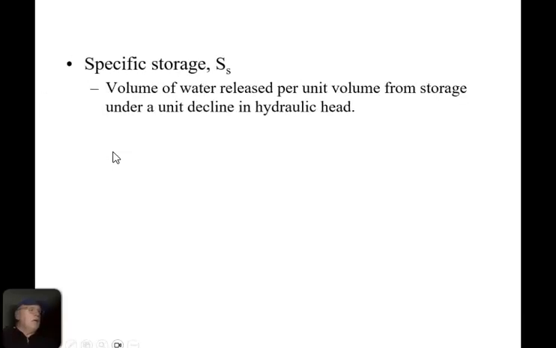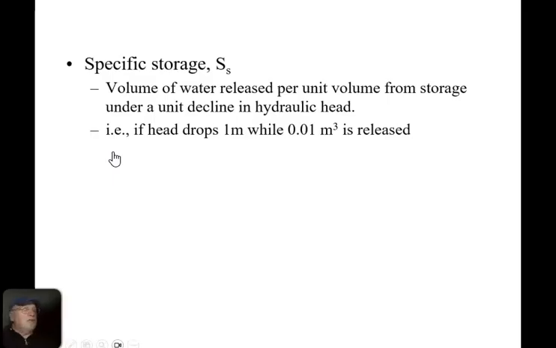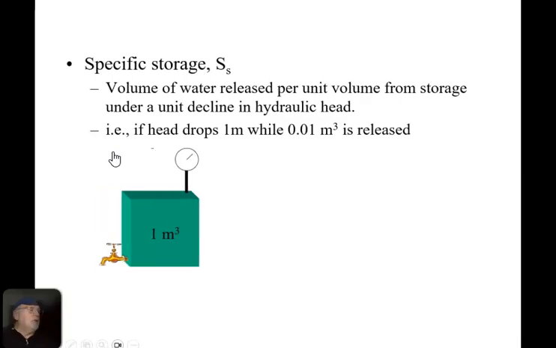In the confined case, the box is full of water when we start, and it's full of water after we let water out. So it's still full of water. So instead of the water dropping here, just the head drops, the pressure drops. So watch this pressure meter here. I open it up, I let out water, and let's say 0.01 cubic meters comes out.